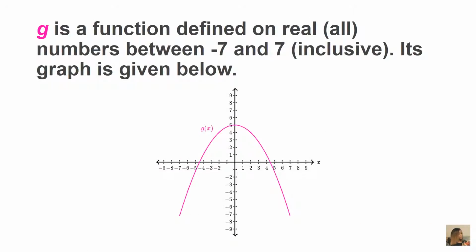Now g is a function defined on all real numbers between -7 and 7 inclusive.